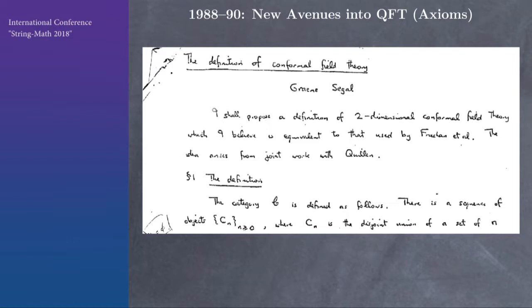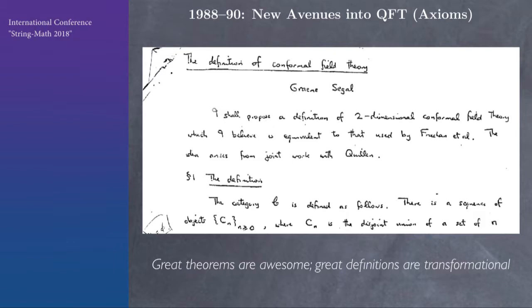This was introduced by Graeme Segal in the context of two-dimensional conformal field theories. And as I say here, having a good definition is something that can really transform. Having the combination of this definition or axiom system together with new examples was quite powerful. And of course, eventually that combination leads to theorems and lots of developments.